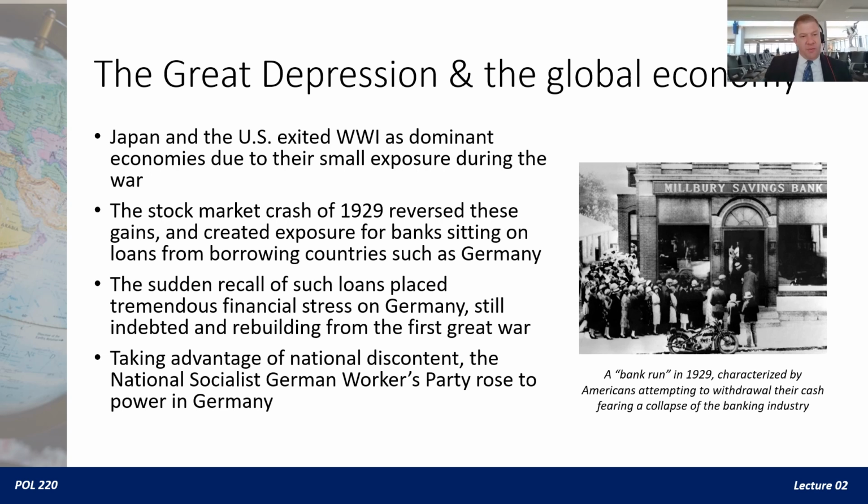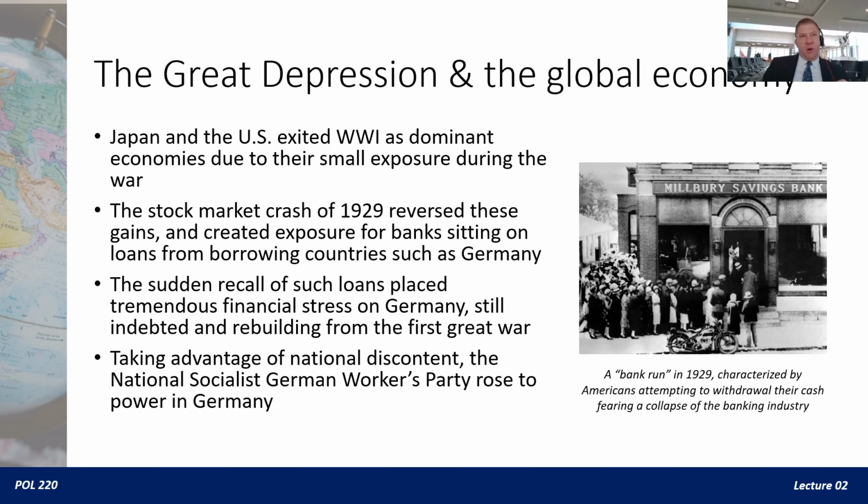So in 1929, you have the stock market crash, and this sets forth a chain of events that really reshapes the entirety of the remainder of the 20th century. What had happened is, the world had made so many gains, including the losers of World War One, namely Germany. They had reestablished their economy and were rebuilding it.